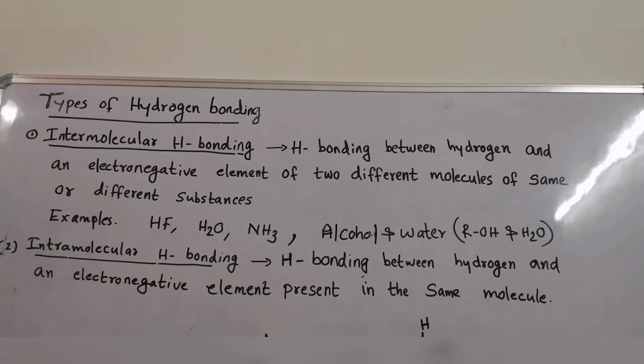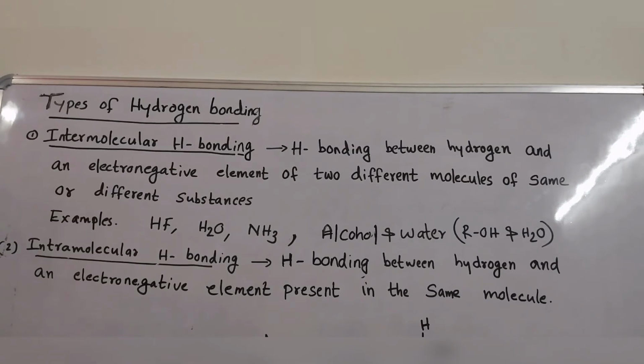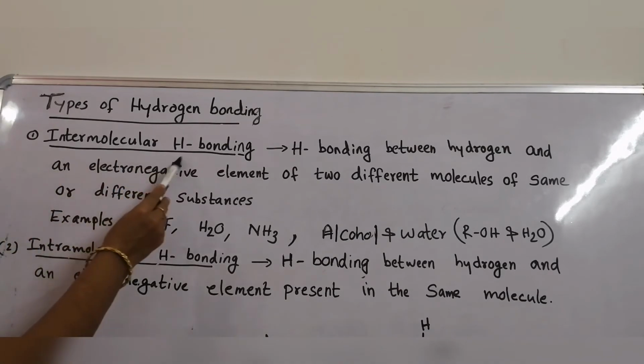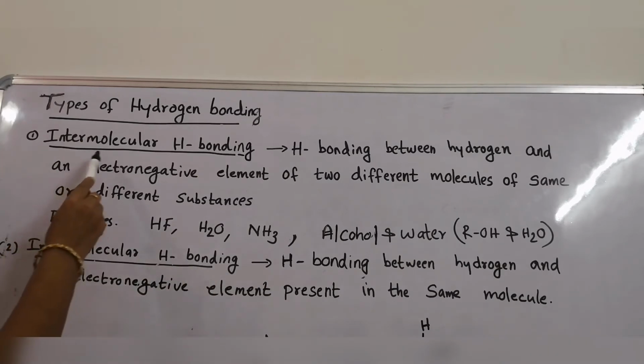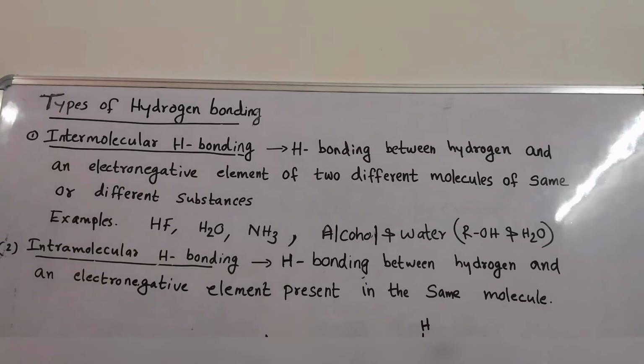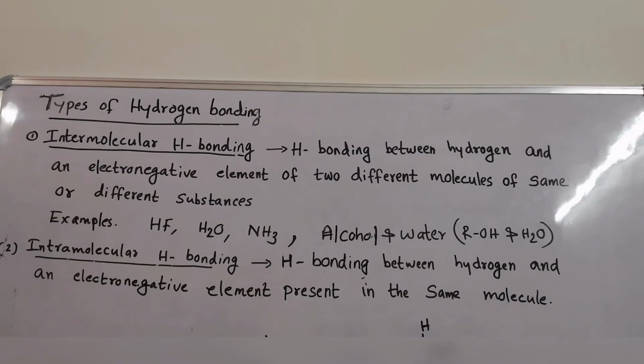Now let us discuss the different types of hydrogen bonding. There are two types of hydrogen bonding: intermolecular hydrogen bonding and intramolecular hydrogen bonding. Intermolecular hydrogen bonding is between hydrogen and an electronegative element of two different molecules of the same or different substances.